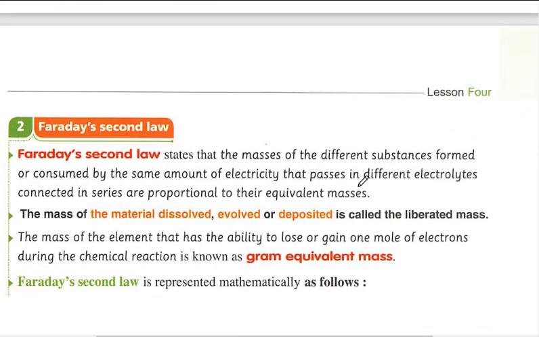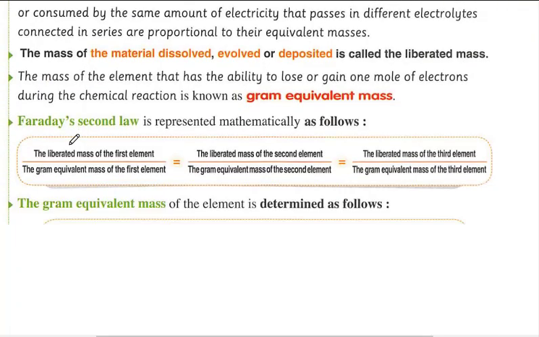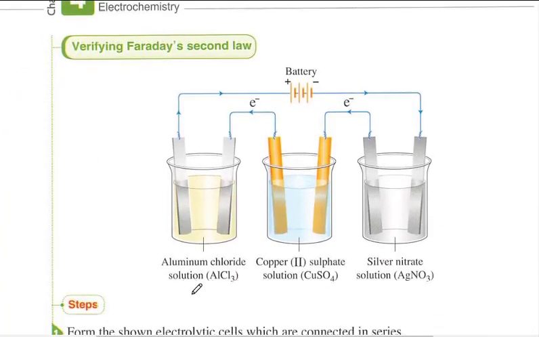Okay, Faraday's second law refers to three cells which are connected in series. Connected in series means the positive pole of the battery is connected to one anode, the cathode is connected to the next anode, and the last cathode is connected to the negative pole of the battery.